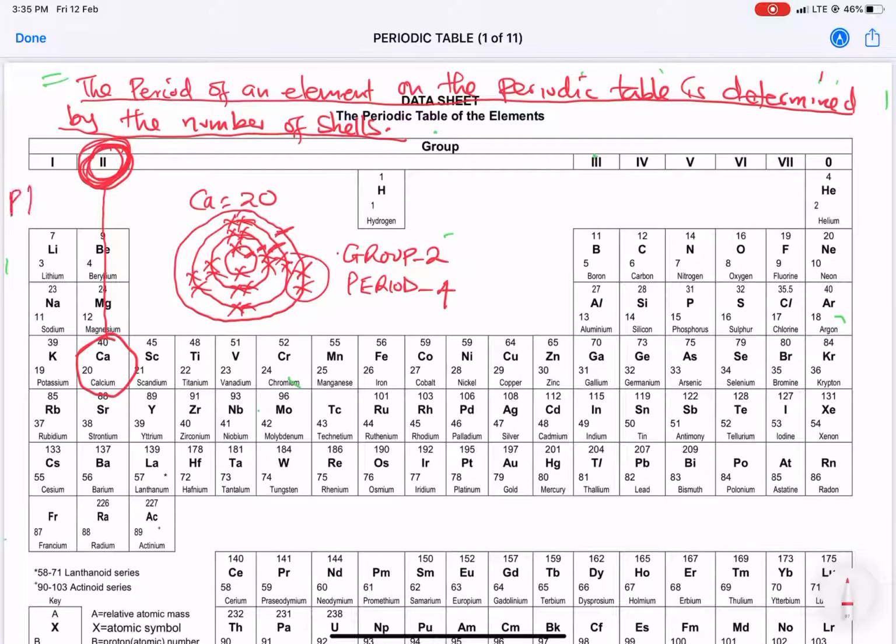This is period 1, this is period 2, this is period 3, this is period 4. So it is found in period 4. Why is it in period 4? It has 4 shells. Why is it in group 2? It has 2 electrons in the outermost shell. So it is very important to know that.